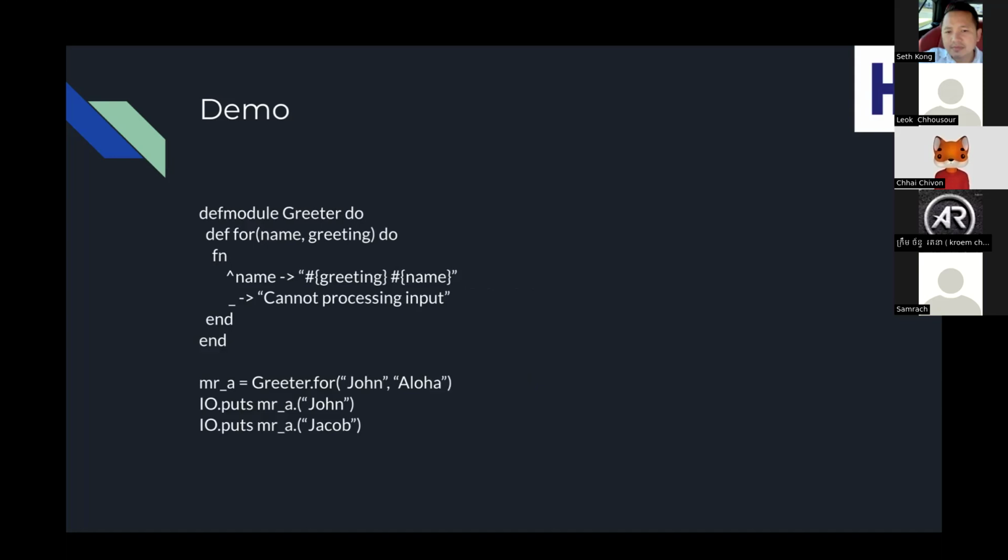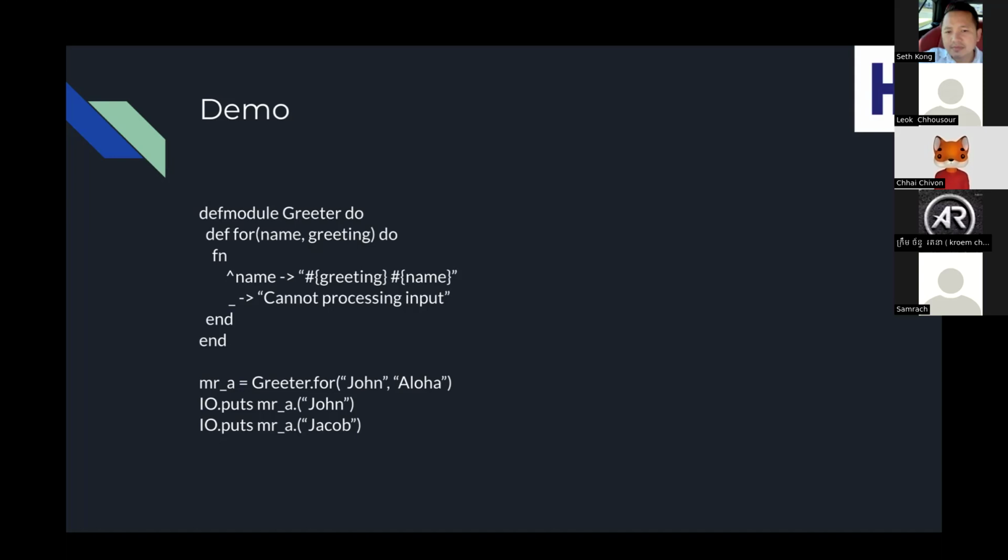Okay. We have a module called greeter. Inside that module, we define a function called for, and it takes two parameters, name and greeting.